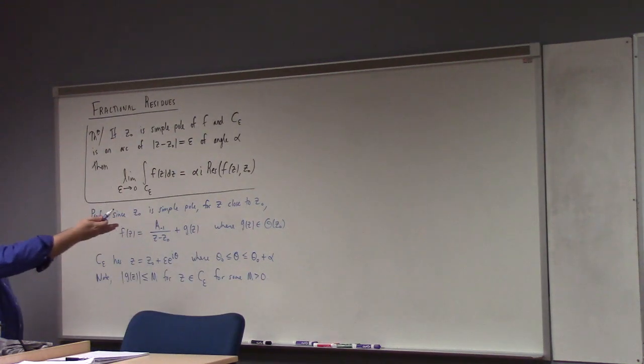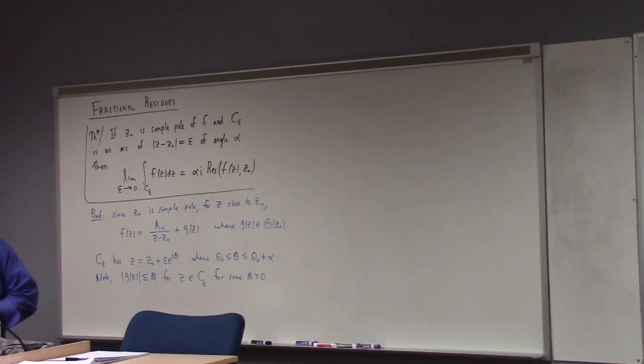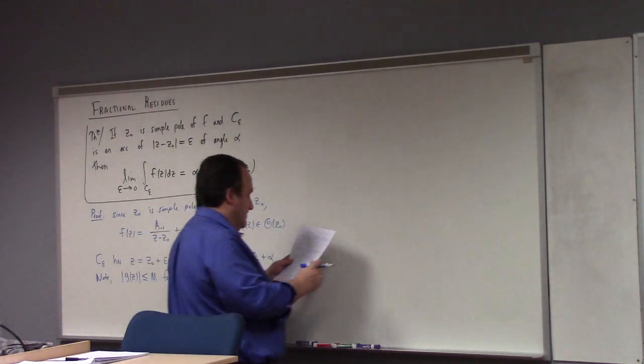Because g(z) is holomorphic, so it's certainly continuous, and as such it can be bounded because we're looking at just an arc here. All right, so that said, we can now calculate the integral.